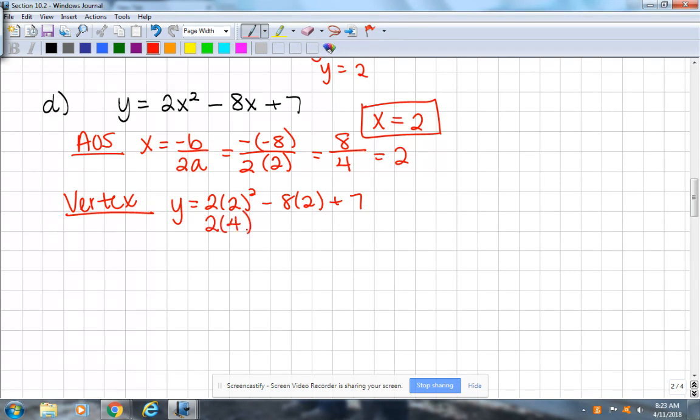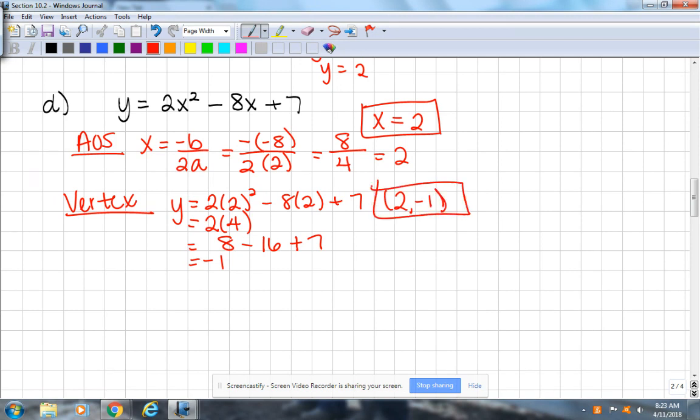And then I can multiply. So 2 times 4 is 8. And then negative 8 times 2 is negative 16. And then plus 7. What's 8 minus 16 plus 7? Negative 1. So what ordered pair is my vertex? 2, negative 1.